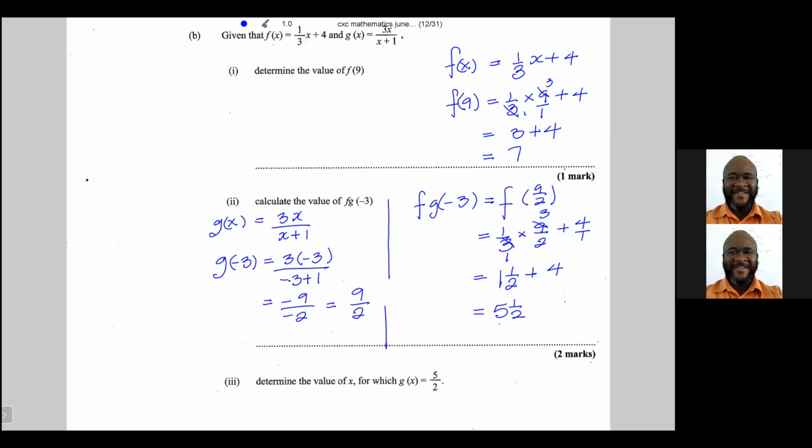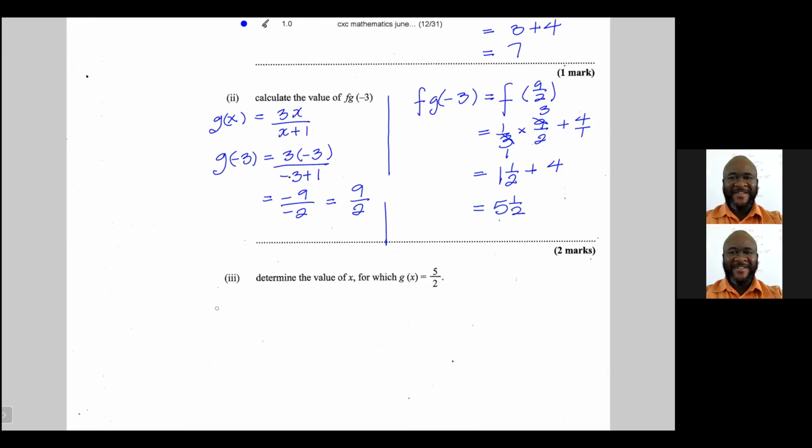We're to determine the value of x for which g of x is equal to 5 over 2. So we have g of x is equal to 5 over 2. g of x is 3x over x plus 1, which is equal to 5 over 2.